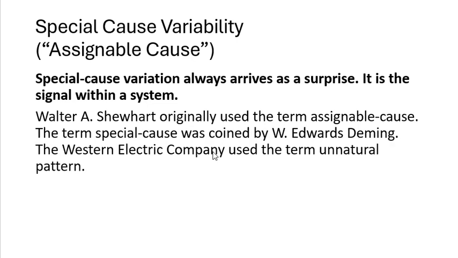The term special cause was coined by W. Edwards Deming. He is a very good guy, and he was very active in his field, and he went to Japan and did all kinds of quality training over there.